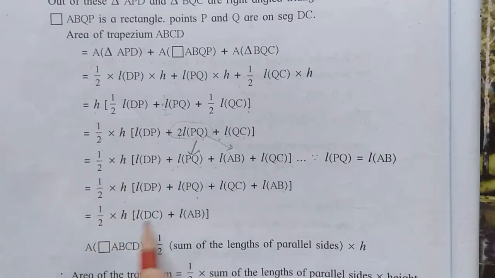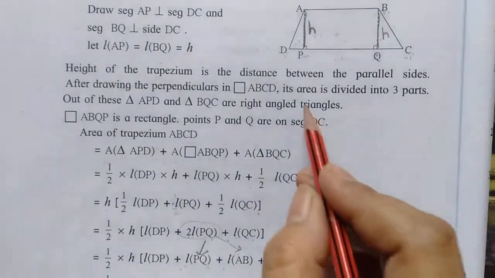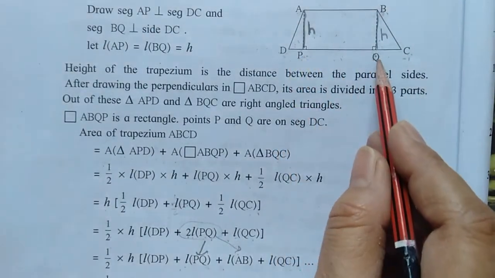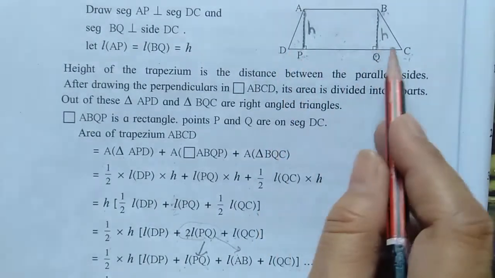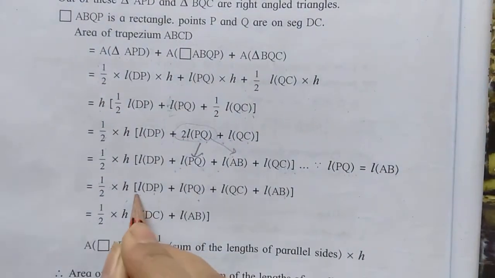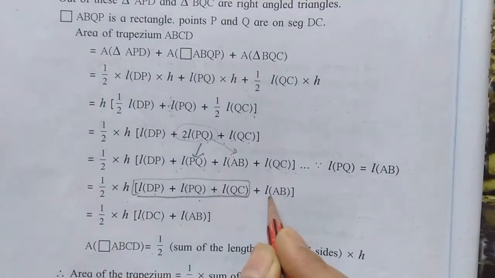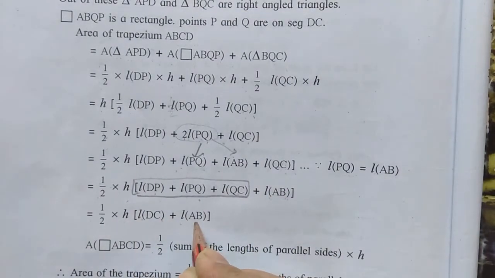On the next step, half into H as it is. See the figure, length of DP plus length of PQ plus length of QC is nothing but the length of DC. So write down instead of this, length of DC plus length of AB as it is.